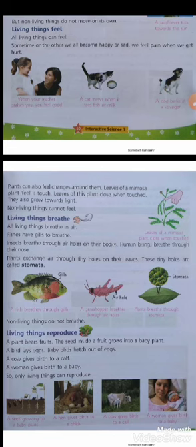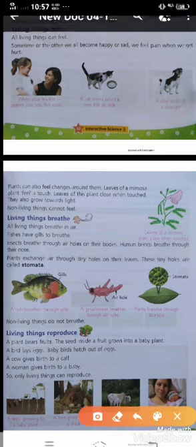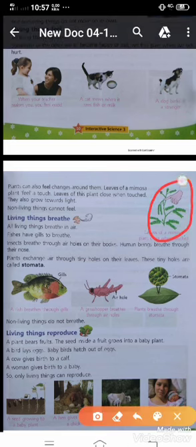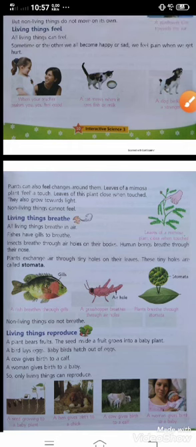Plants can also feel changes around them. Only some of the plants feel changes, like the mimosa plant or touch-me-not plant. Touch-me-not plant leaves close when touched. They also go towards light.